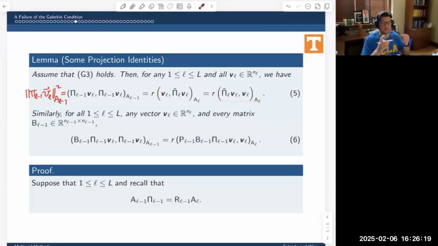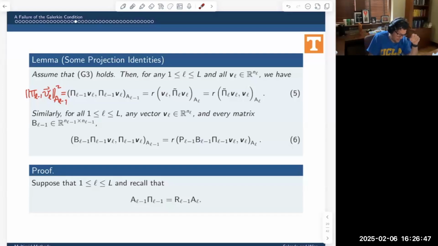Before we go on, I like to always make sure everything makes dimensional sense. Does this make dimensional sense? This is a non-square matrix, and this is an arbitrary vector from R^nL. So where does this matrix-vector product live? It lives in R^n(L minus 1).